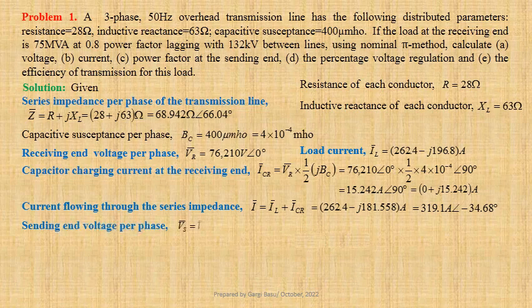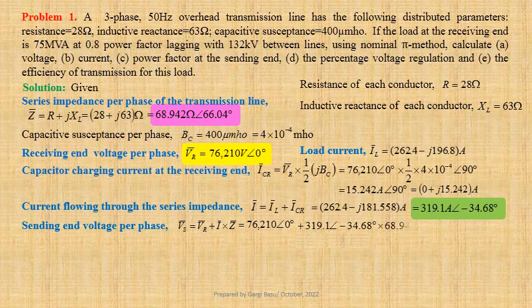Now we shall determine sending end voltage per phase. Vs equals VR plus I into Z. Using values we get 76,210 at an angle 0 degree plus 319.1 at an angle minus 34.68 degree into 68.942 at an angle 66.04 degree.